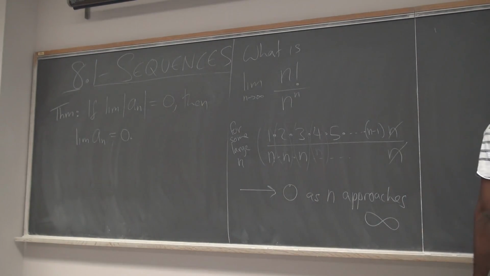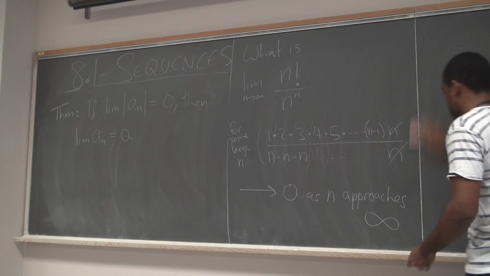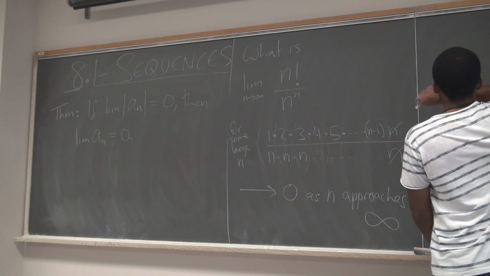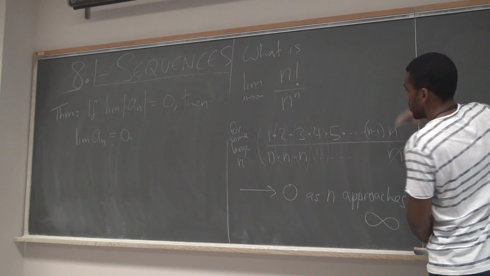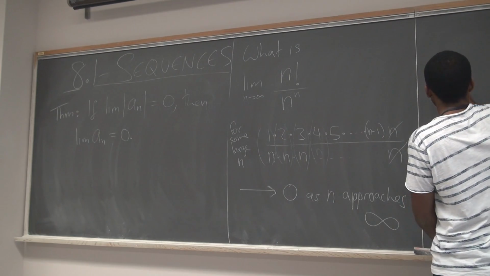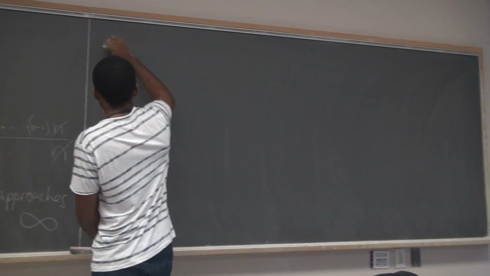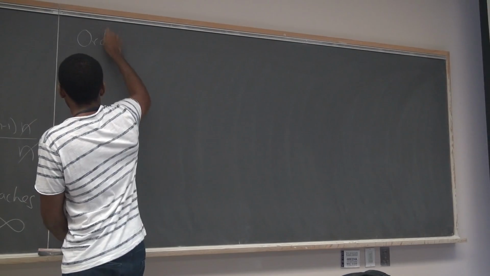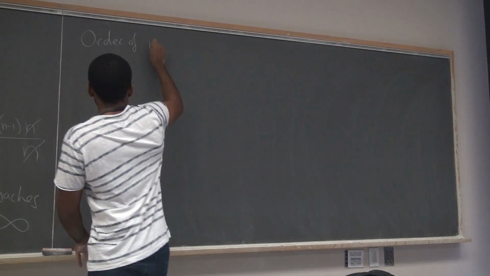So there's a relationship that you would have learned in Calc 2 that we can now put the final word on. Well, almost the final word. Order of magnitudes.